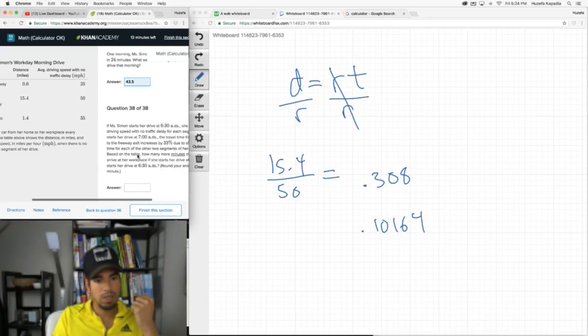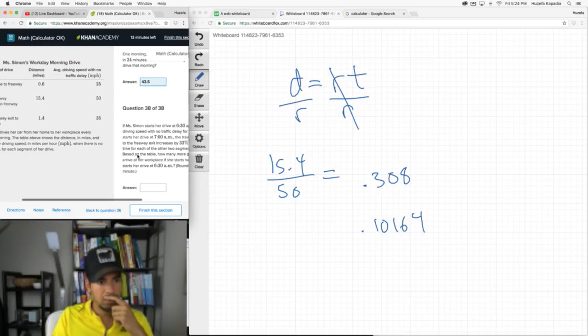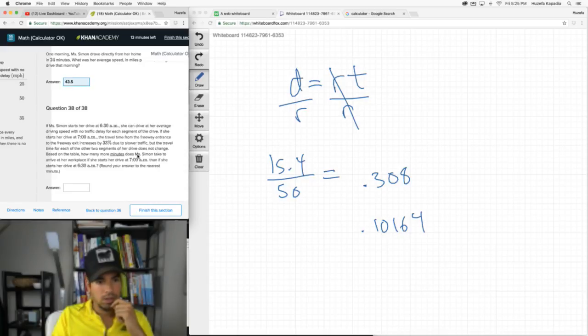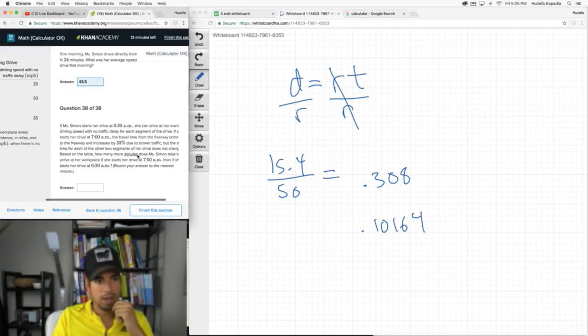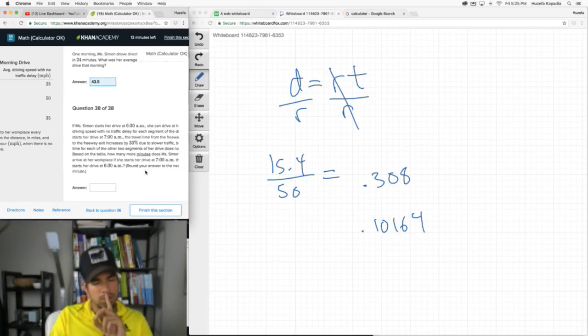Let's make sure we did this right. The 15.4 divided by, right, we're going 50. So 15.4 divided by 50, and we've got that, and then we take 33% of this. Yeah, this looks right.